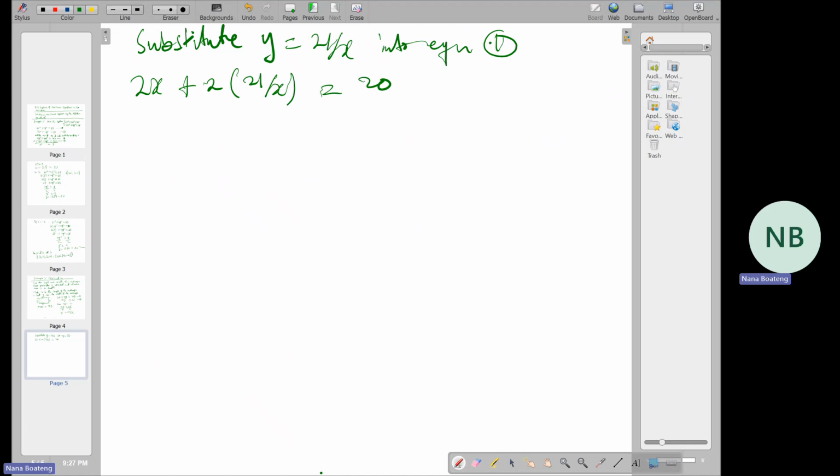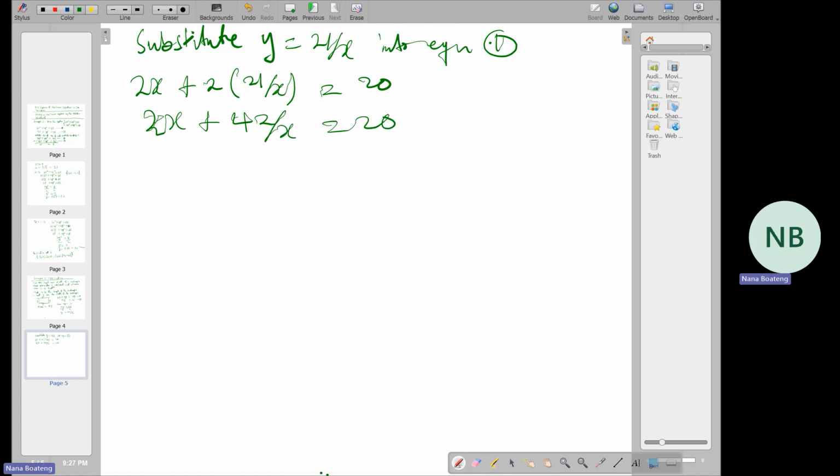And so this becomes 2x plus 42, 2 times 21, which is 42, divided by x is equal to 20.